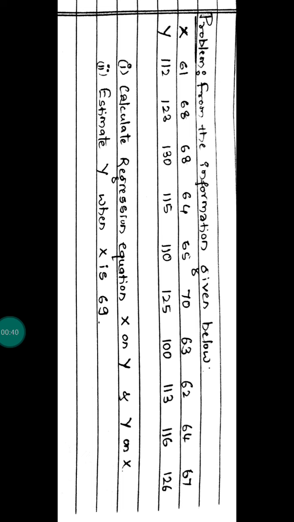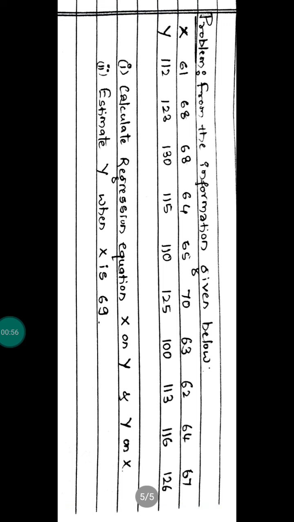The problem is, from the information given below, they are providing x as well as y. In x we are having 10 observations. Y also has 10 observations. After that they have given some questions.